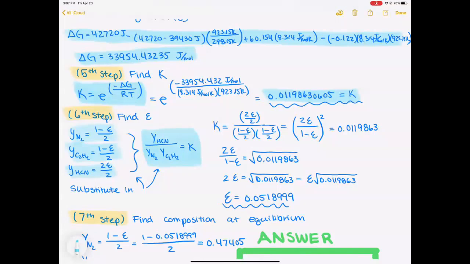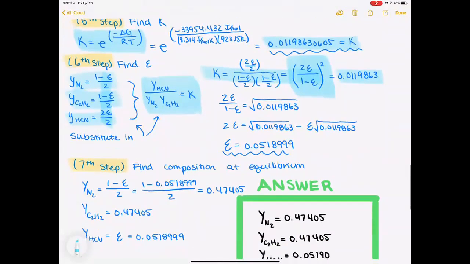You substitute your epsilon values into this equation to get this, simplify it down into this. And so you set this epsilon term equal to the K you found, and then you solve for epsilon. So epsilon is then equal to 0.05, roughly.